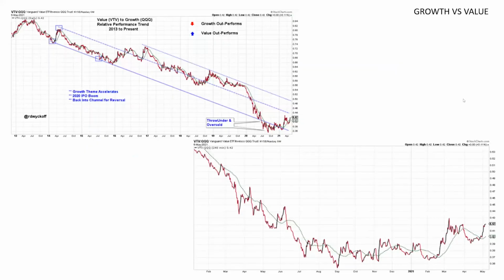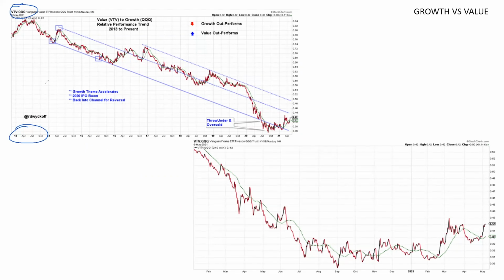Okay. So just to illustrate the point about the bifurcated market and why it seems to be so crazy here, you can see in this chart top left, going back, now this goes back to 2013, but this trend actually precedes that, it's a ratio or relative strength chart of a value ETF to a growth ETF.